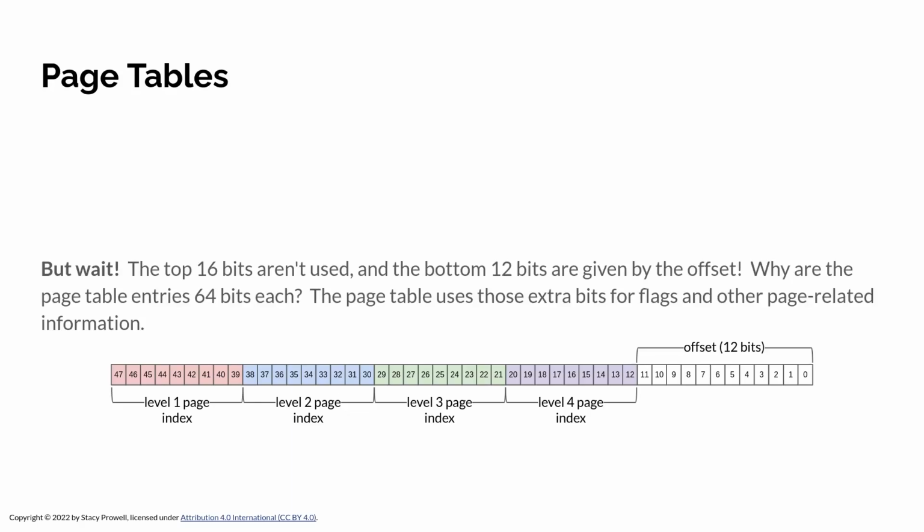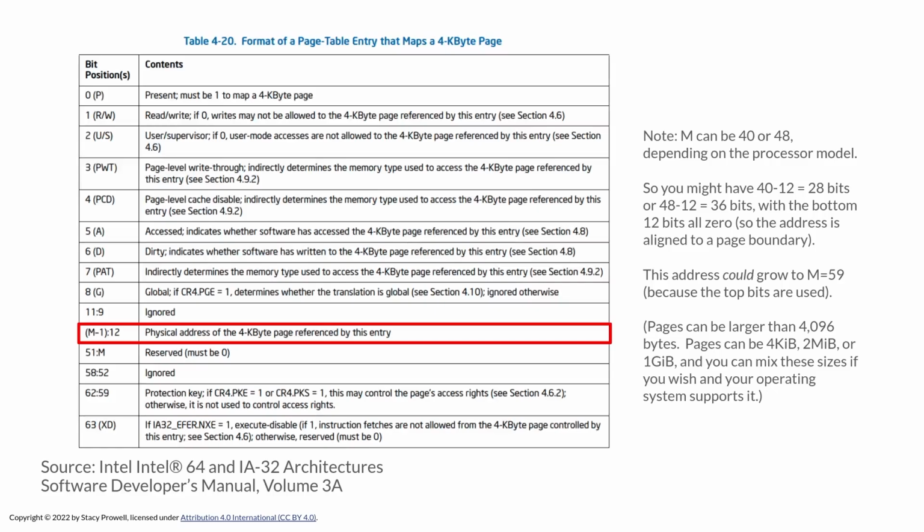The top 16 bits, though, aren't used, and the bottom 12 bits are given by an offset, so why aren't we just using 36 bits in there? Well, it's because we need extra bits for each address for flags and other stuff. What do I mean by that?